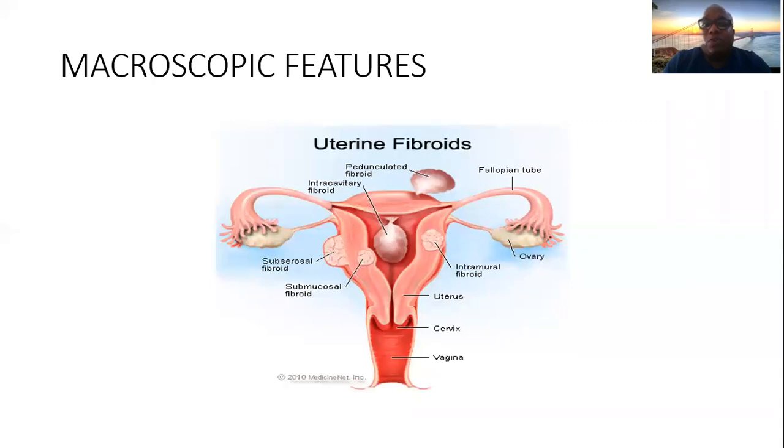And then we have those that are formed on the uterine walls, and these are called intramural fibroids. And then we have pedunculated or subserosal, hanging outside of the wall of the uterus. These are called pedunculated fibroids.